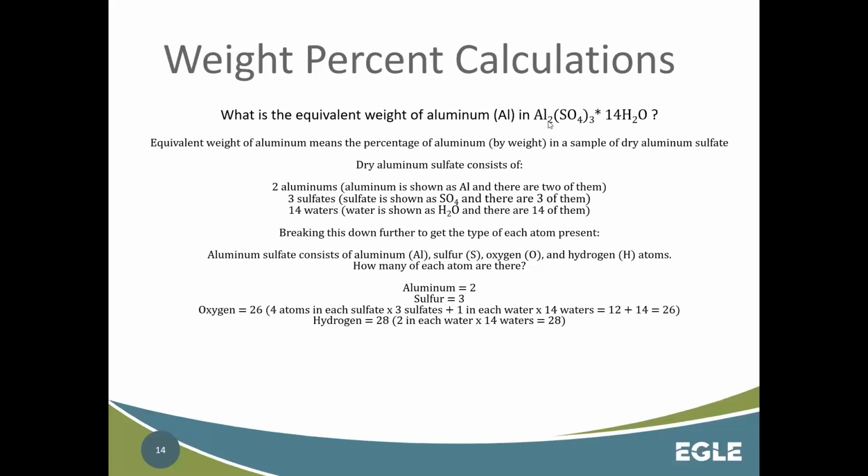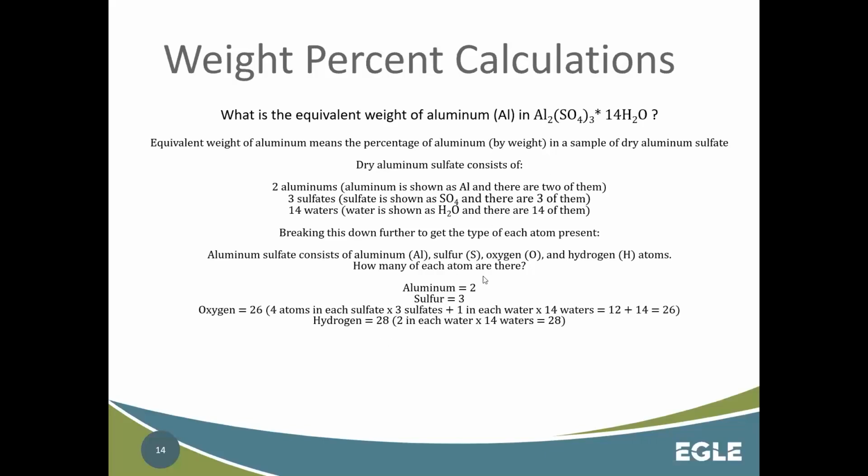That's pretty clear, Al2. This is a little tricky, maybe if you haven't spent a lot of time doing it, but there is no subscript next to this sulfur here. So basically that means it's just 1. So 3 times 1 is 3. We have 3 sulfur. Inside the parentheses, we have 4 oxygens. 3 times 4 is 12.